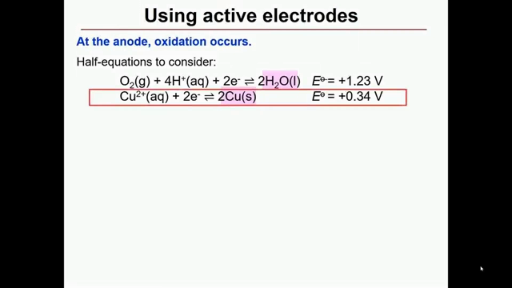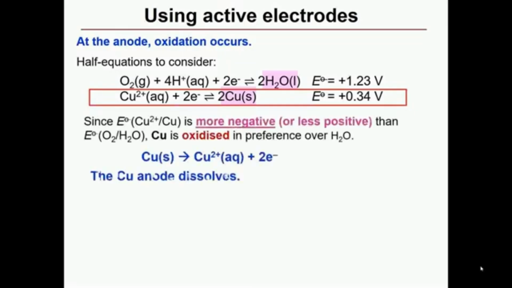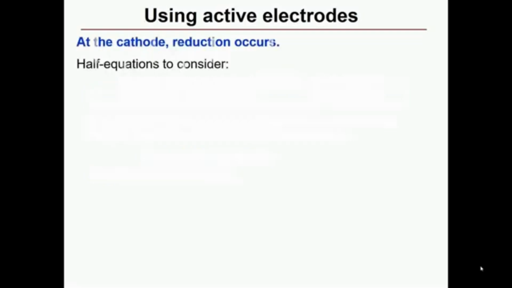Now, from the E0 values itself, for oxidation to occur, the one with the more negative or less positive E0 value will undergo oxidation. Hence, in this case, at the anode, the copper will be oxidized to copper(II). The copper anode, therefore, dissolves and goes into the solution as Cu2+ ion.